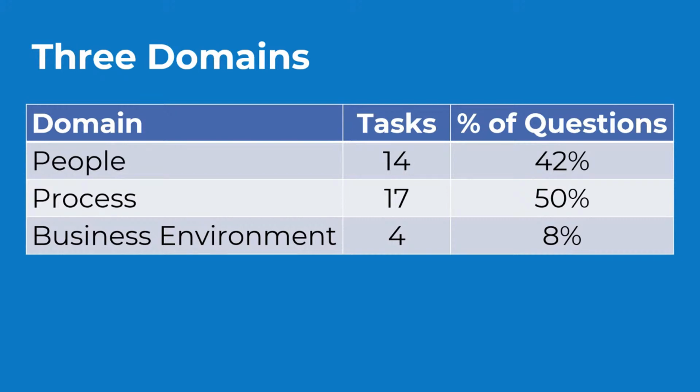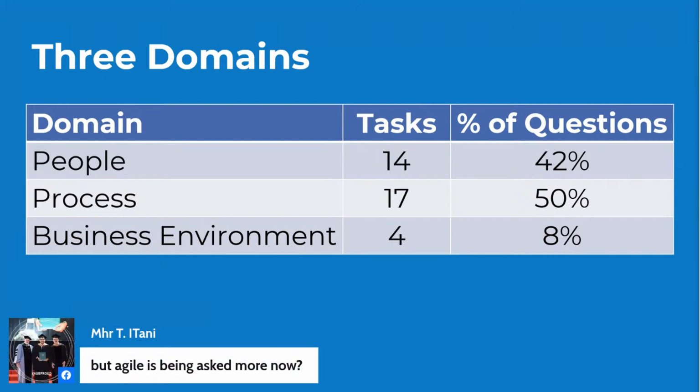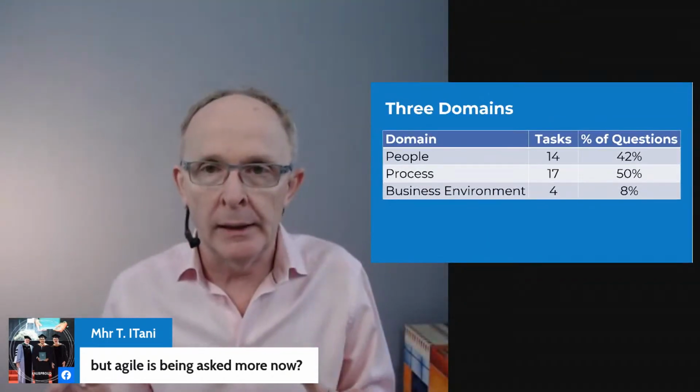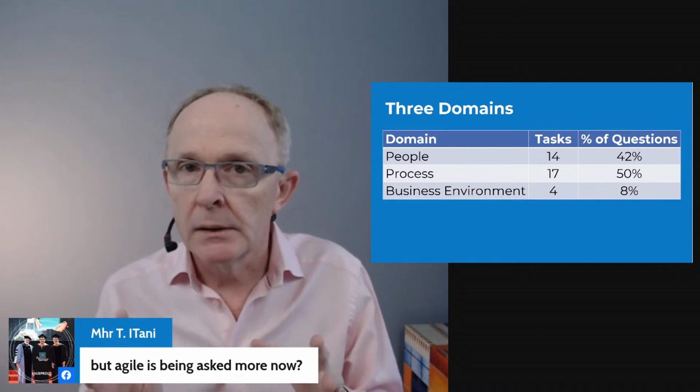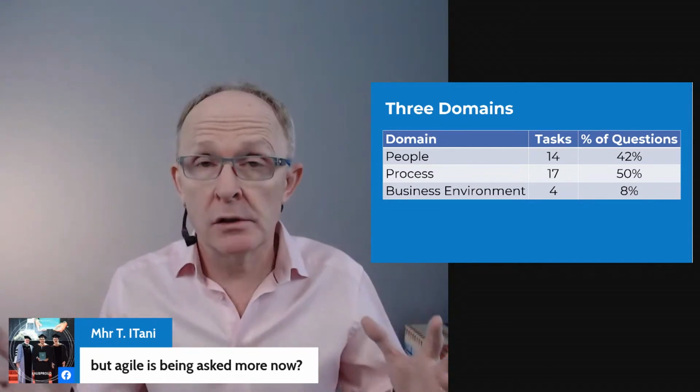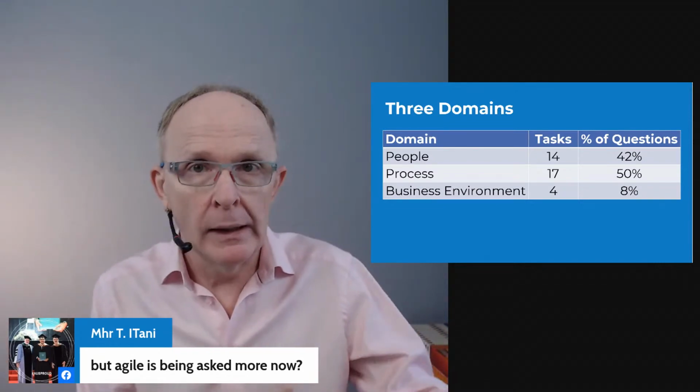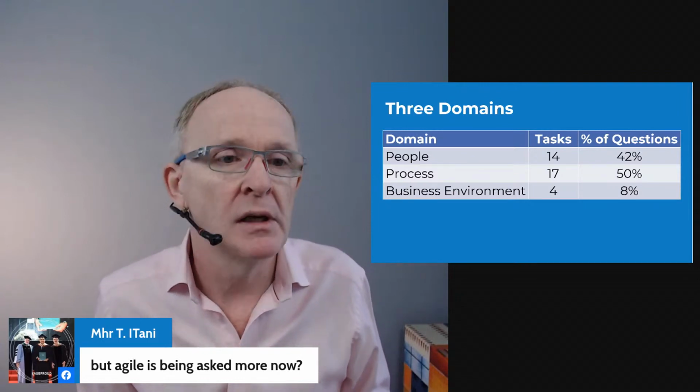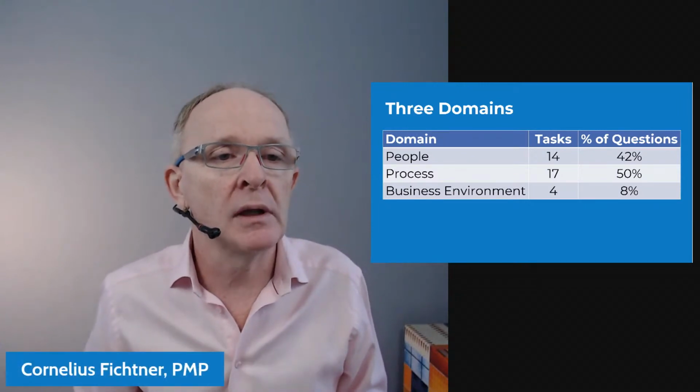And now, this question here from Mr. T. Itani. But Agile is being asked more. You're absolutely correct. This is actually the one reason why I say the PMP exam now is twice as big as it was back in 2015 with the previous exam content outline.